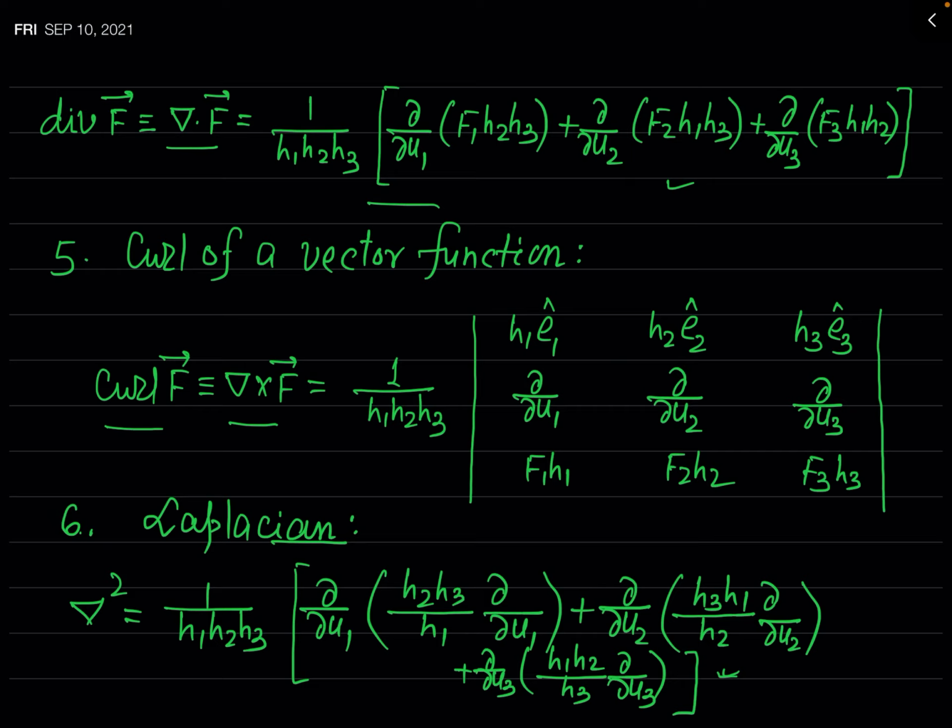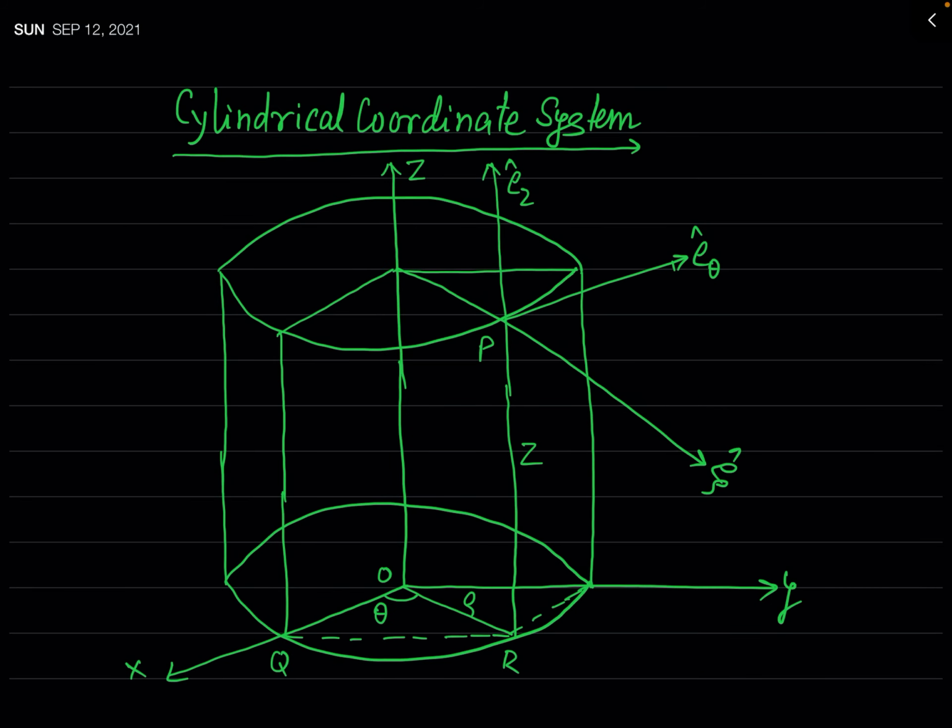So now let us start to discuss the cylindrical coordinate system. You can see this figure. I have shown here the three axes of the Cartesian coordinate system, that is OX, OY and OZ.